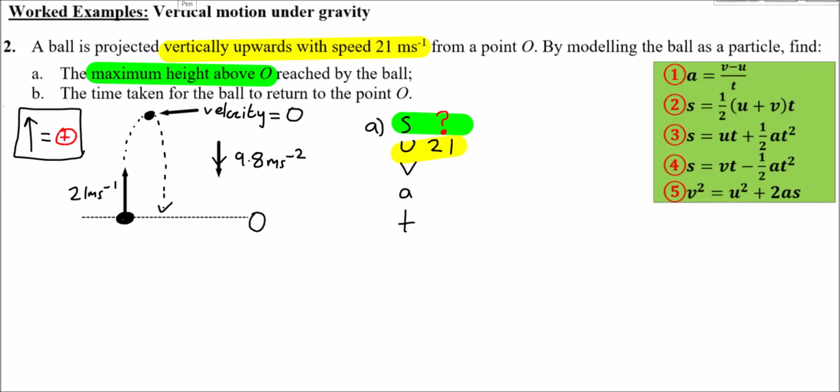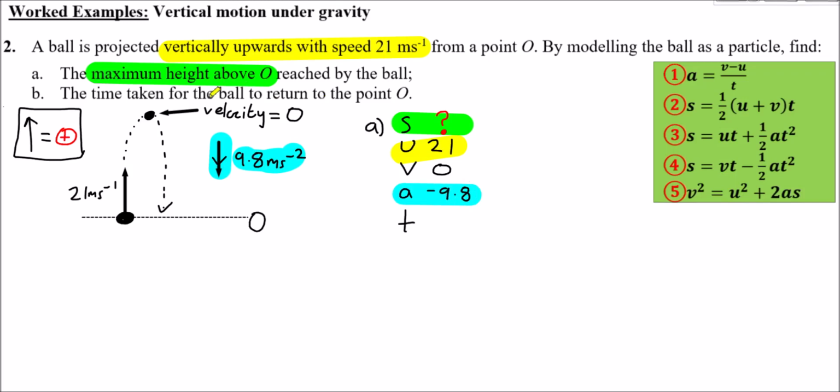When it's at its maximum height, v is 0. It's not yet falling down, but it's gone up all it can. A is minus 9.8. The acceleration is downwards because of gravity, opposing the initial direction of motion. So a is minus 9.8 because it's going down.